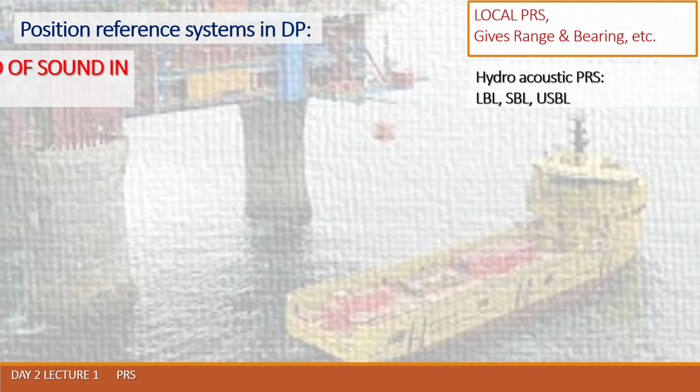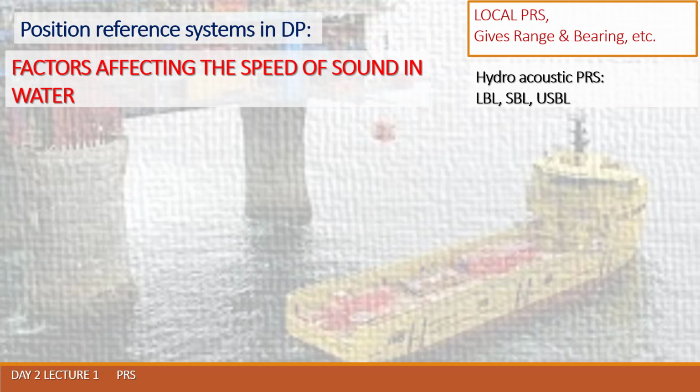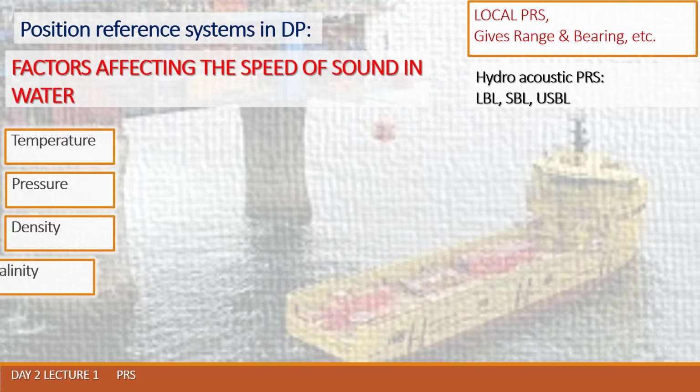Among those factors we have, as main ones, temperature, pressure, density and salinity. And a few more details, just nice to know, I will provide you right now to understand better why the speed of sound in water is different at different operational depths.